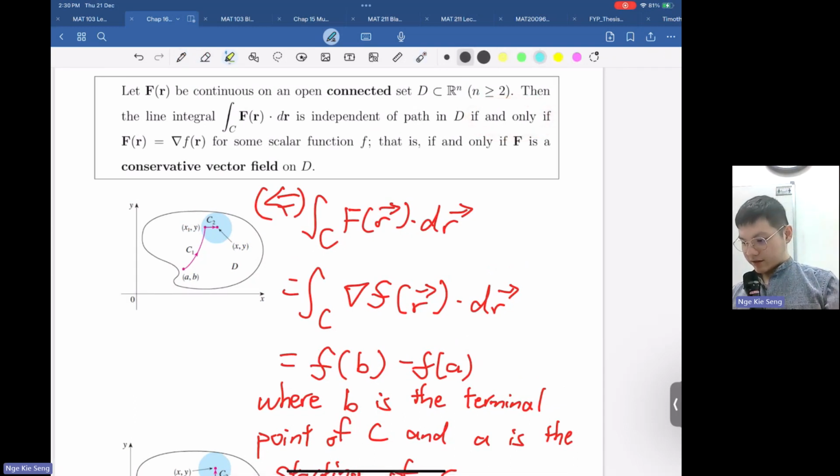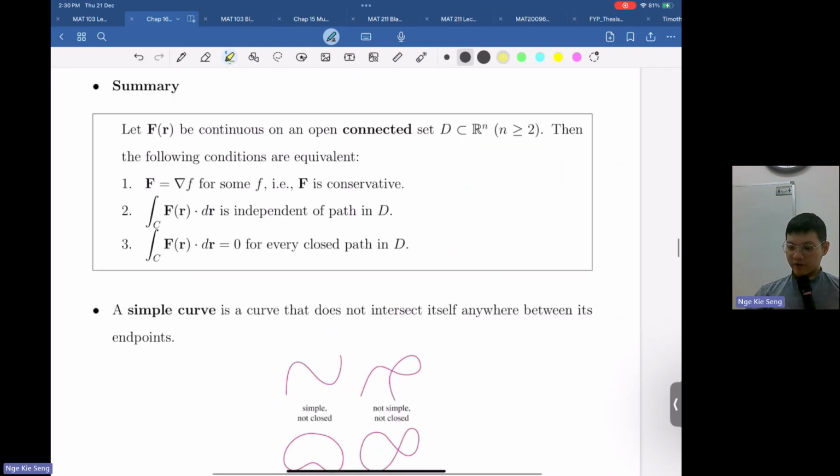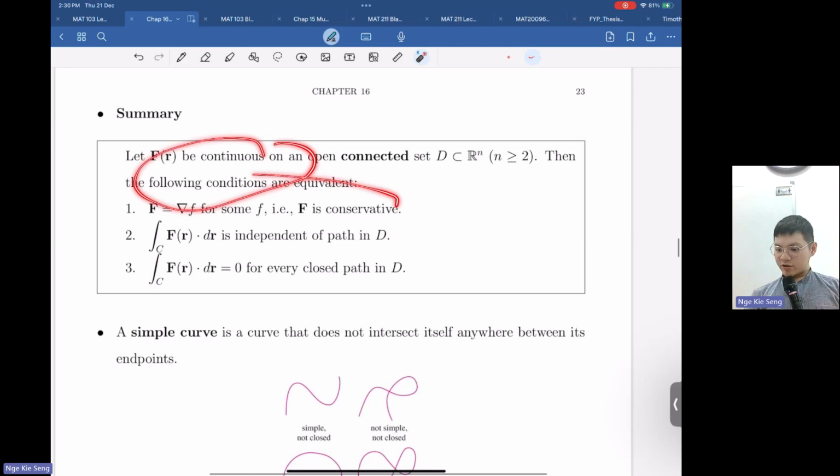So this is also an if and only if result, very important. You have 2 if and only if results with independence of path for line integrals. One is that if you integrate over a closed path it is always 0, then your line integral is independent of path. And another is that your vector field is conservative. So these three are equivalent. Let's make a summary: if you have a continuous vector field, these three conditions are equivalent.